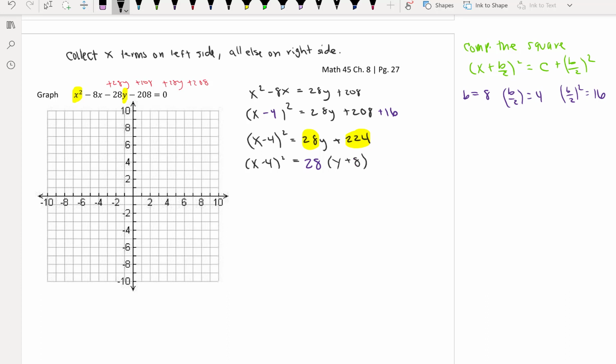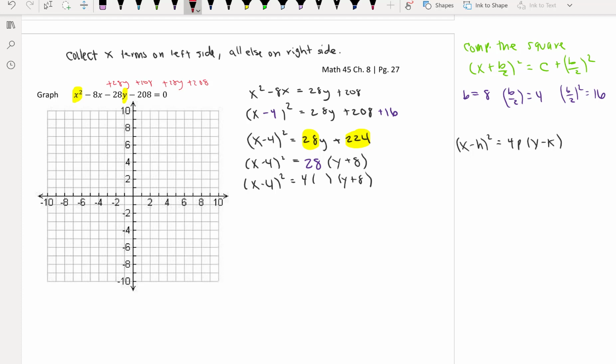Okay, so remembering our forms here, we know that our general equation, we have the x minus the h squared is equal to 4p times y minus my k. So I can have x minus 4 squared is equal to 4 and my y plus 8 value.